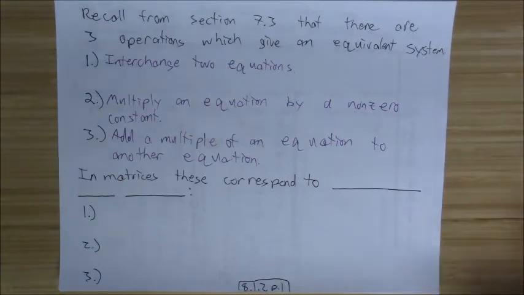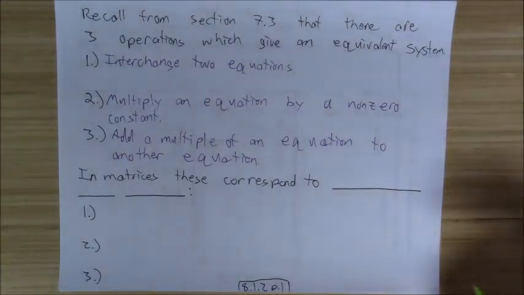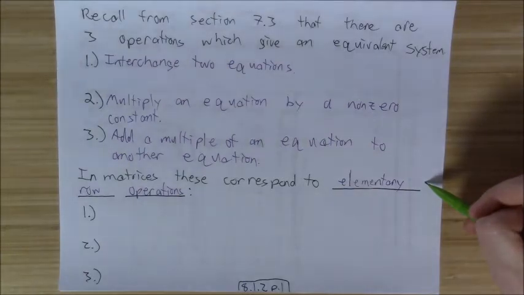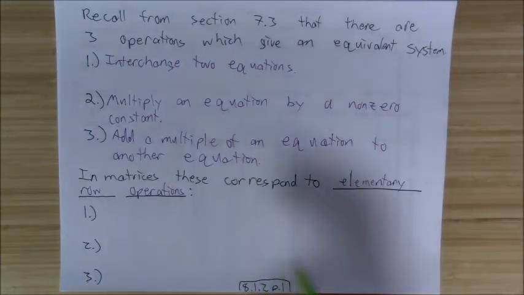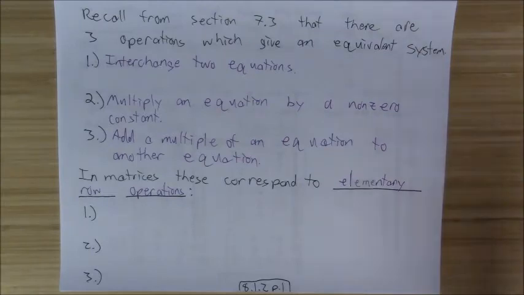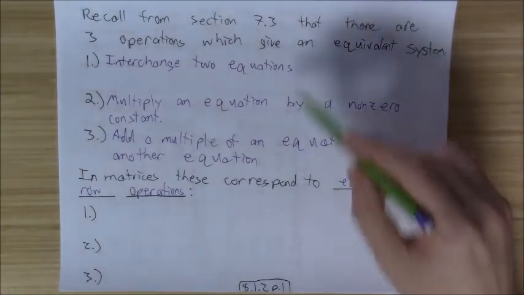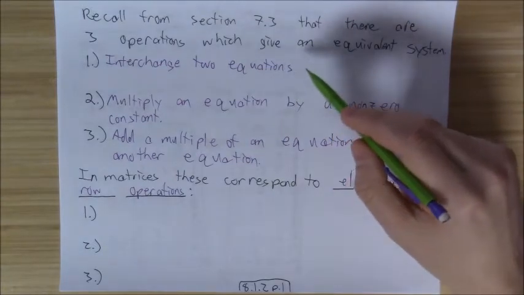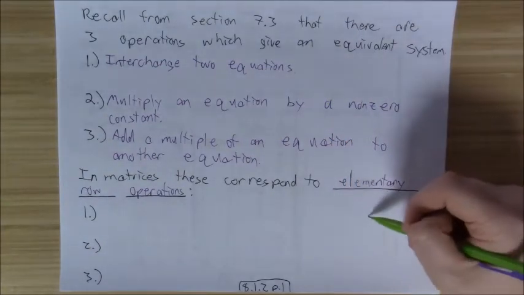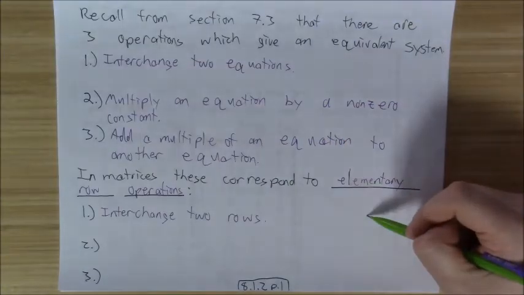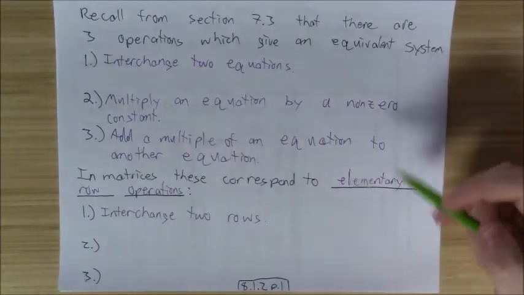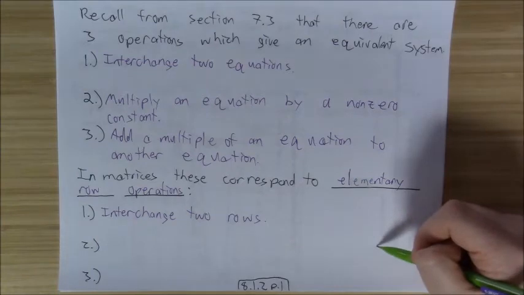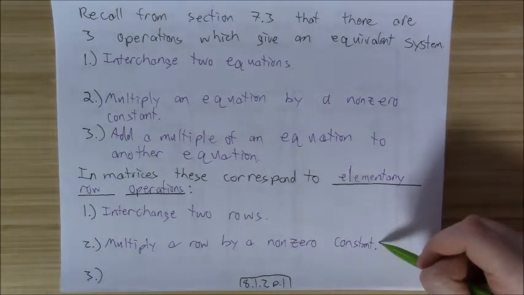Now in matrices, these correspond to what are called elementary row operations. Our row operations are going to be very similar. Just as we can interchange two equations, we can also interchange two rows. Just as we can multiply an equation by a non-zero constant, we can also multiply a row by a non-zero constant.